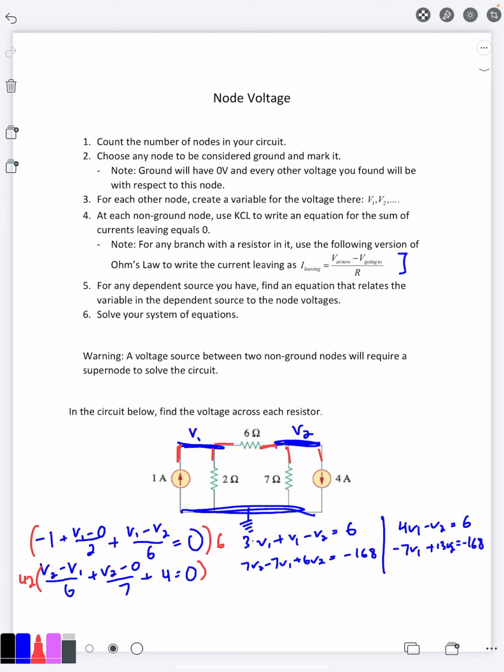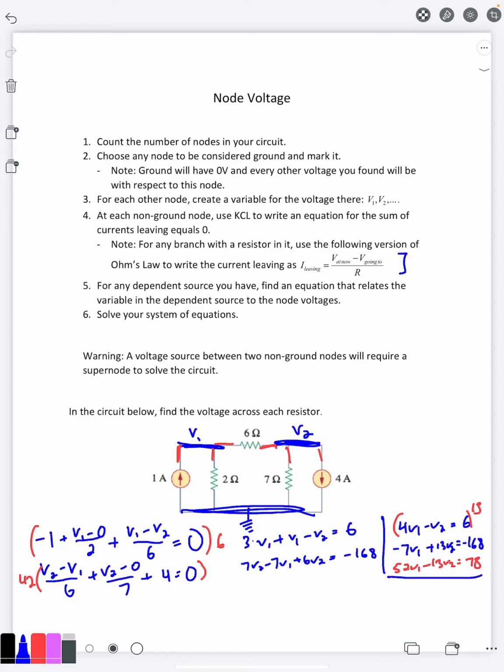So I guess I'll go ahead and multiply by 13 there. That gets me 52V1 minus 13V2, and 13 times 6 is 78.